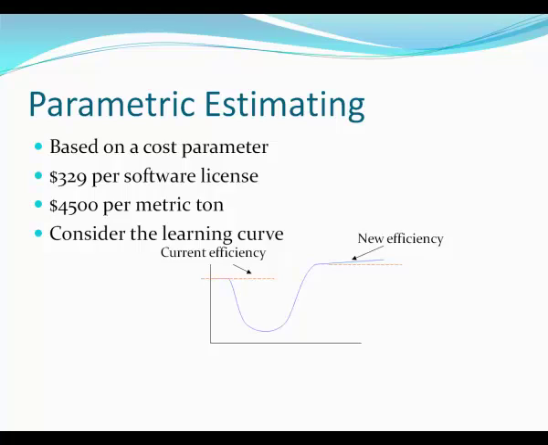Especially if we're doing time and materials, it may not be an accurate reflection of how long the activity is actually going to take. Sometimes this is called regression analysis, that you have to go backwards in order to go forwards to reach a new level of efficiency.